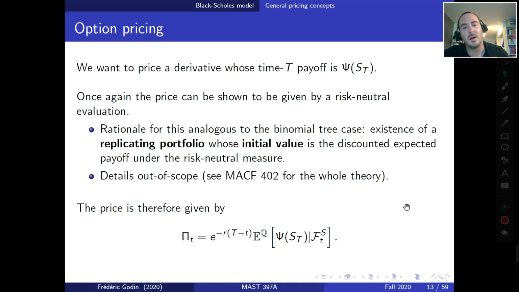In particular, we'll want to price a derivative which has a time capital T payoff denoted by psi of ST. The payoff of this option or derivative, we're going to assume, is a function of the underlying asset at maturity. So you can think of a European option as an example of a derivative which provides not a fixed payoff, but a payoff at a fixed time capital T.